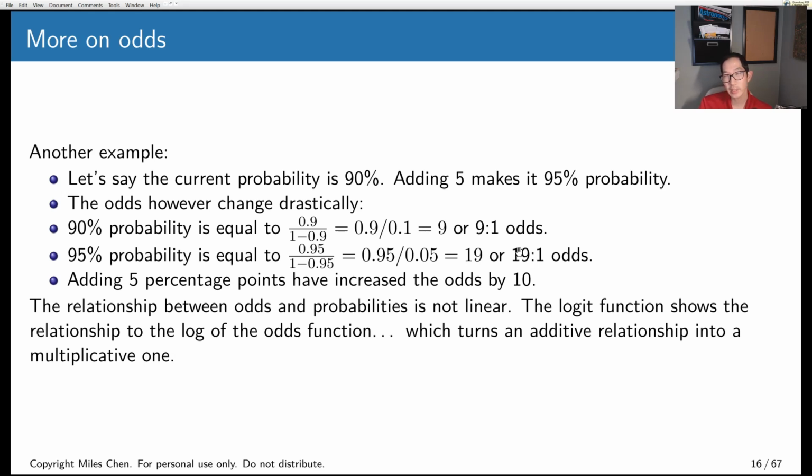So adding that same 5 percentage points, going from 90% to 95%, increases my odds by 10. So the relationship between odds and probabilities is not a linear function.